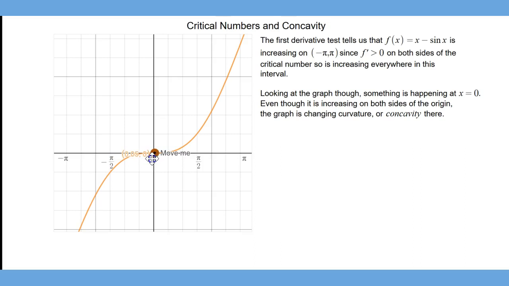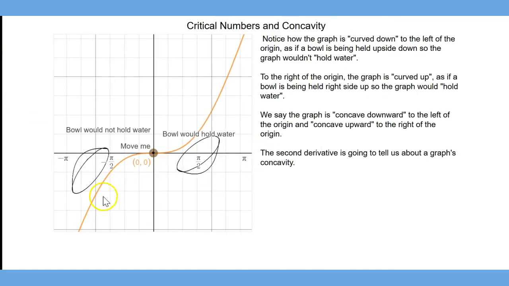So at x equals 0, the graph's not turning around, but it is changing from being curved down, to the left of the y-axis, to curving up. So at this critical number, it's changing concavity. Another way of describing concavity is where the graph holds water. Is the graph curved such that it could hold water?